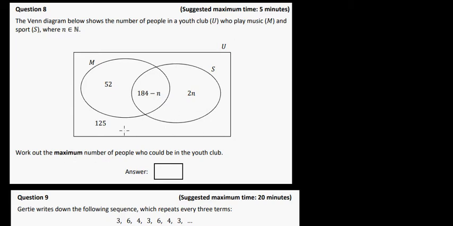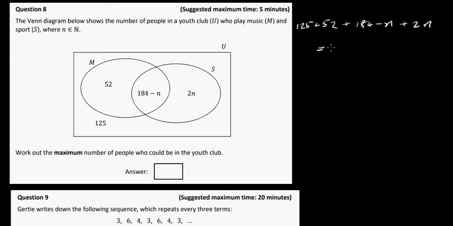Okay, so what I'm going to do here is just add up all these terms in the Venn diagram. So we've got 125, we've got 52, we've got 184 minus n, and then we've got a plus 2n.